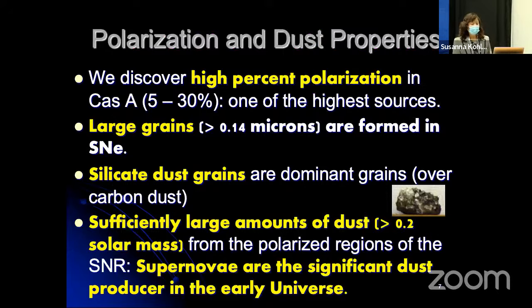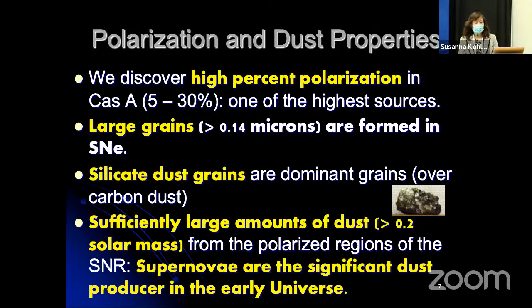So here, we discover a high percentage of polarization in Cassiopeia A. This is one of the highest polarization sources, typically less than 7% in the interstellar medium and many other objects. Also, the analytical solution we solved indicates this dust only has to be large grains.